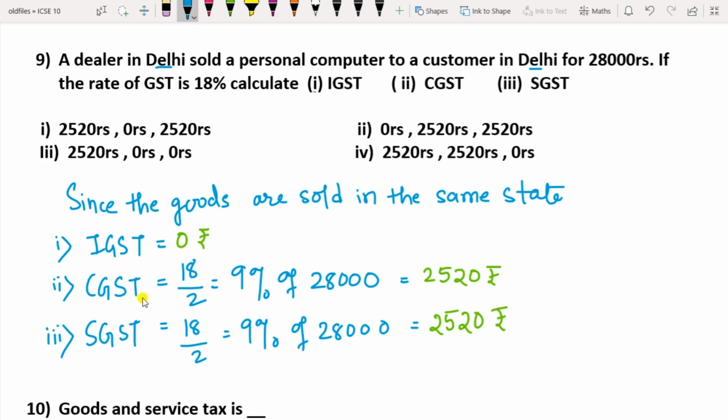For CGST you have to count half of the GST, that is 9% of 28,000, which is 2520. SGST is also half of GST, 9% of 28,000, which is 2520. So the answer is 0, 2520, 2520. Option 2 is the correct option.